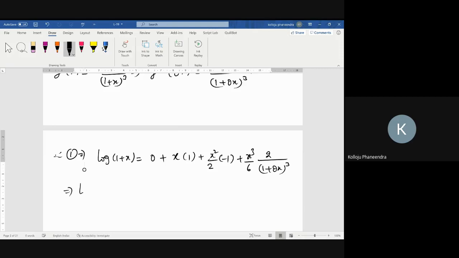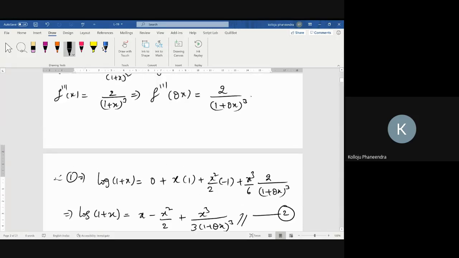This implies log 1 plus x equals x minus x square by 2 plus x cube by 3 into (1 plus theta x) whole cube. This is our first derivation. Take this as equation 2.